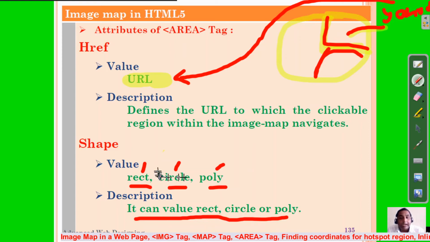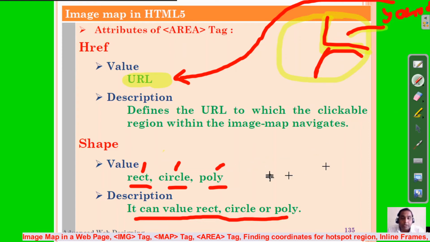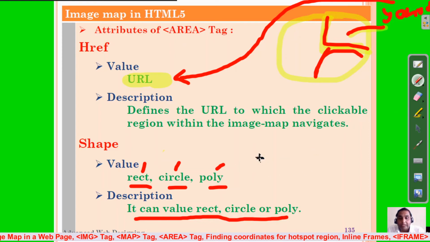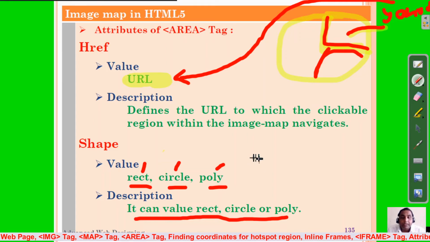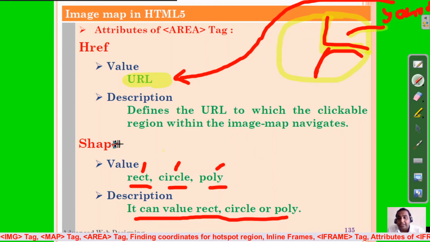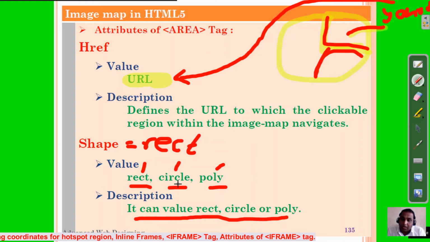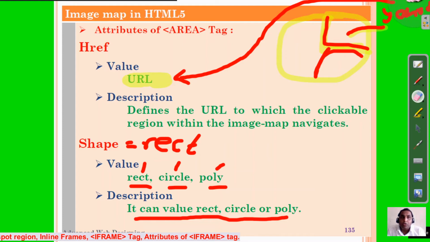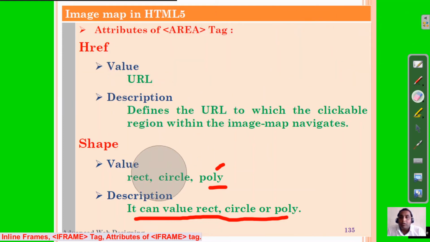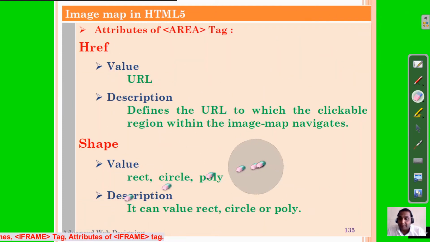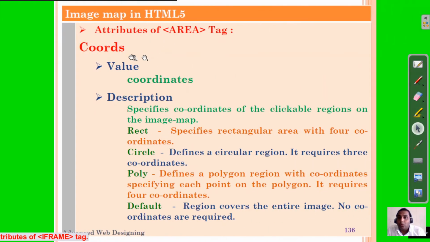For rect, we write rect. Students, I have noticed you make a mistake in the exam by writing rectangle. It's not rectangle. We write shape equals rect, shape equals circle and shape equals poly, and not polygon. You have to remember this: three shapes, and depending upon the shape we have coordinates.